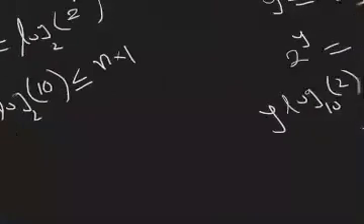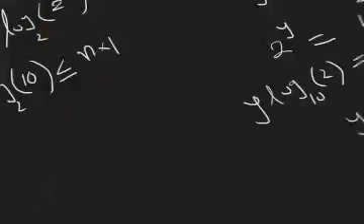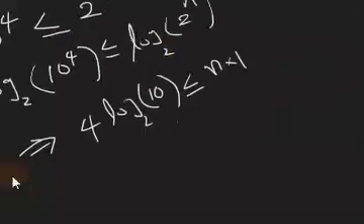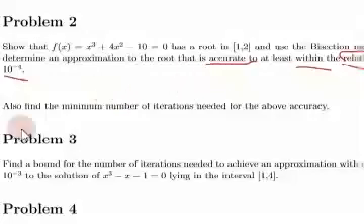Then what do you get? 13.3. Here you can write that this value is approximately 13.3 less than or equal to n. Then what is the minimum number of iterations to get 10 to the minus 4 accuracy?